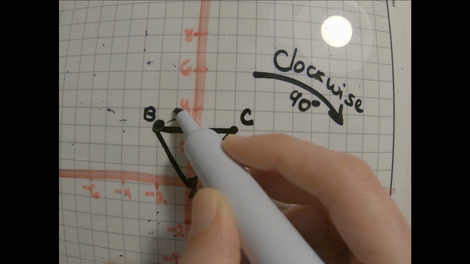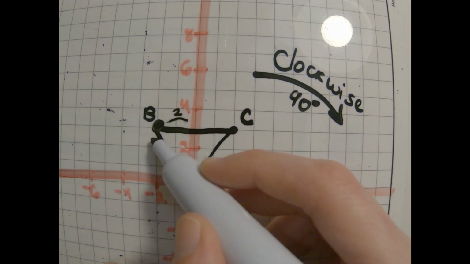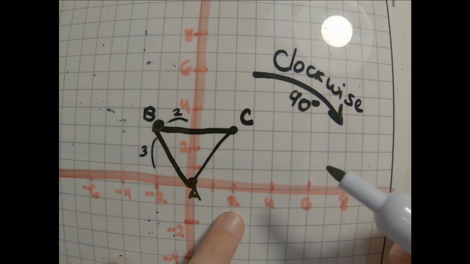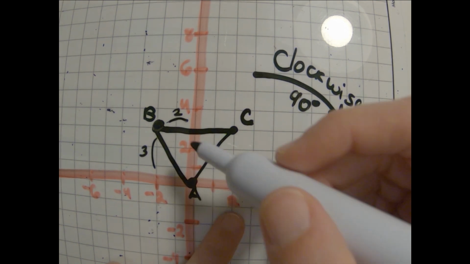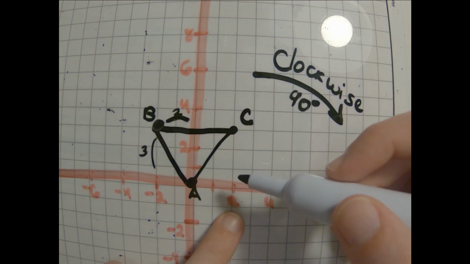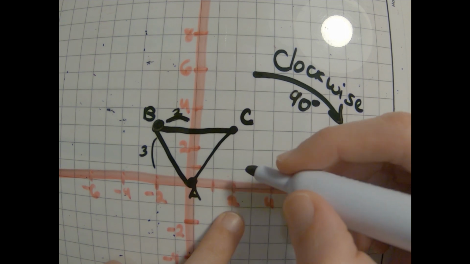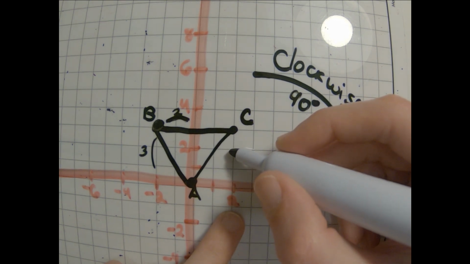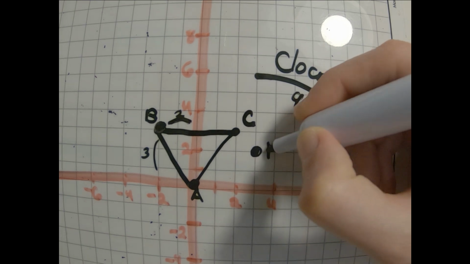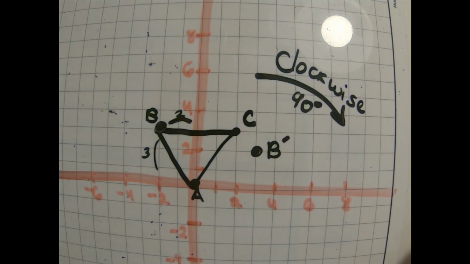Here I have a distance of 2 from the x-axis and a distance of 3 on the y-axis. Well, now that that's rotating and changing, I am going to now be a distance of 2 along the y-axis, height-wise, and a distance of 3 on x. So my new point is going to be right here, B prime.